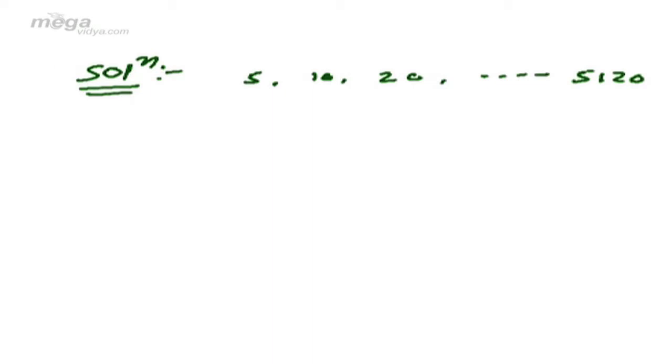The solution: the sequence is 5, 10, 20, up to the last term 5120. So A is 5, R is 2, and the last term is 5120. We have to find the number of terms, because the question asks which term of this sequence will be 5120. It means we have to find n.